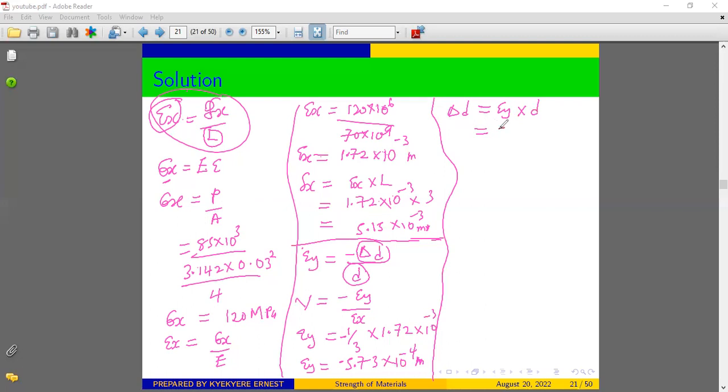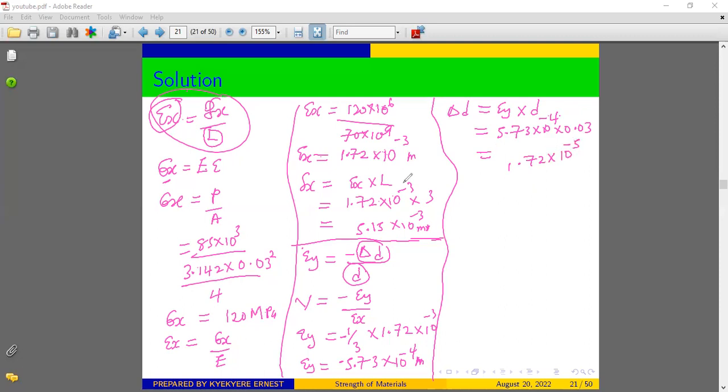So from here, we are going to get 5.73 times 10 to the power negative 4 times our original diameter, which is 0.03. And from there, our answer will be equal to 1.72 times 10 to the power negative 5.